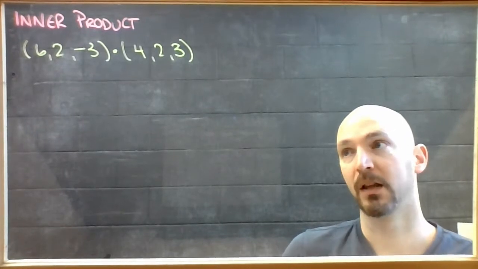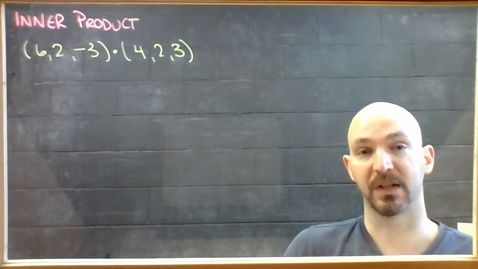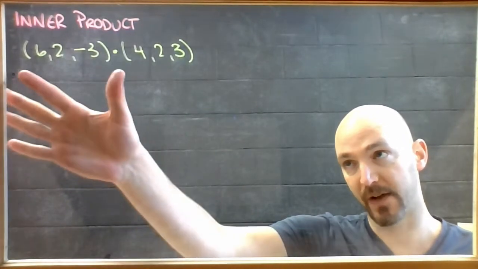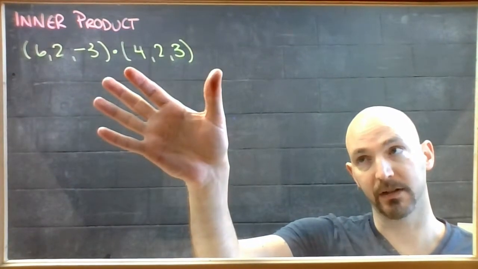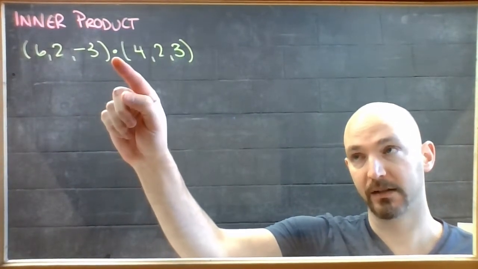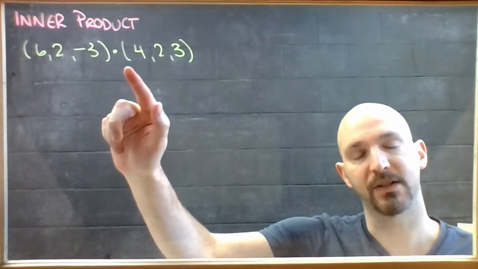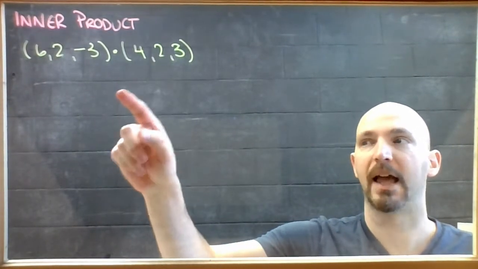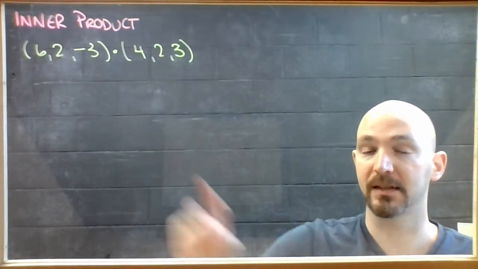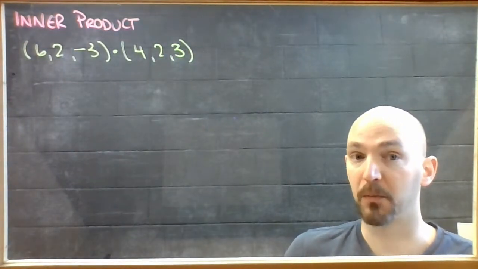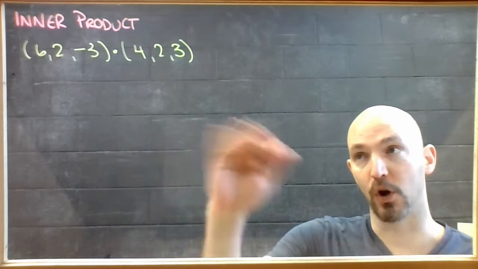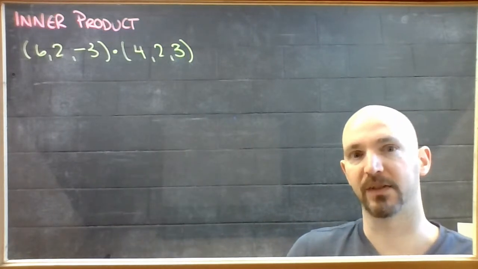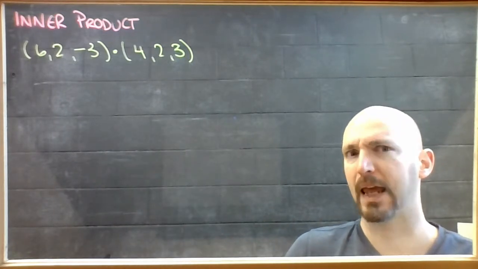Presented with this question, I have a vector and a vector, connected by a dot. When you see that dot, you need to train yourself to see it as a dot product, and know that when I'm done, my answer needs to be a number, just a scalar, no commas, no vectors, nothing left. It's just a normal number like 8.